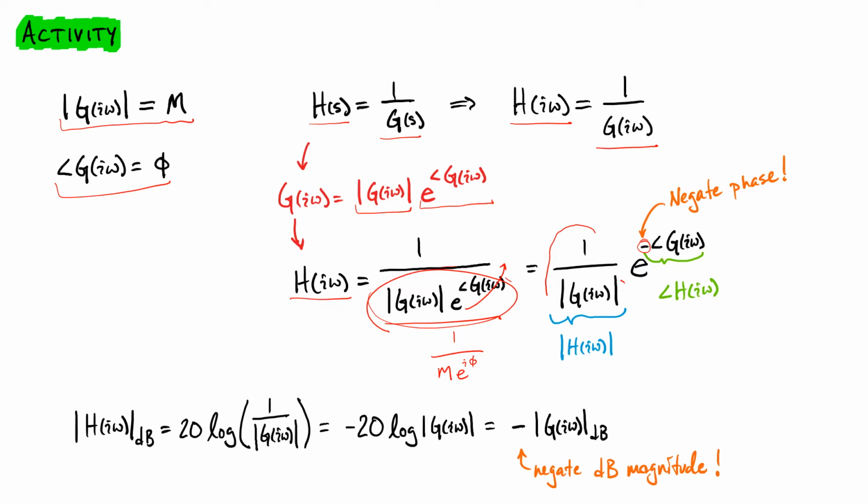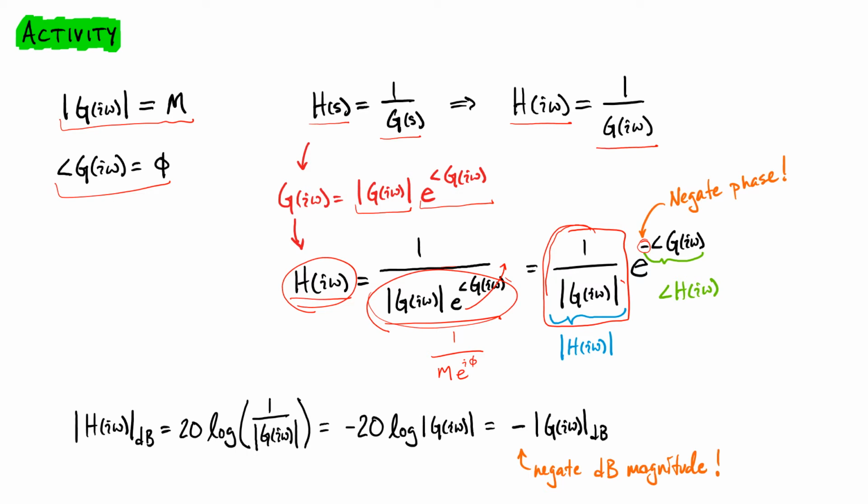And so that means that the phase of h is just going to be the negative of the phase of g, and the magnitude will be 1 over the magnitude of g. So the magnitude of h is 1 over the magnitude of g, and the phase is the negative.